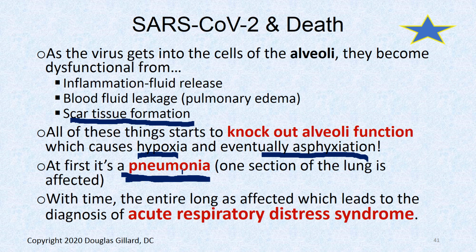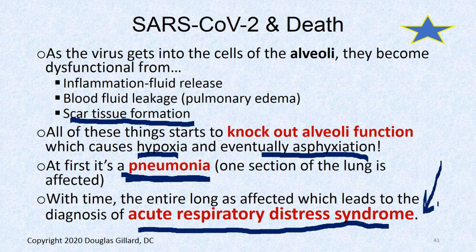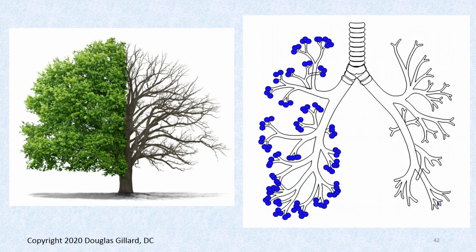Pneumonia means that only one part of the lung has been affected. If you get a pneumonia in the entire lung, you don't call it a pneumonia anymore. You call it ARDS, or acute respiratory distress syndrome. This is what's killing COVID patients right here. If they get basically a pneumonia of the entire lung, it's too much inflammation.